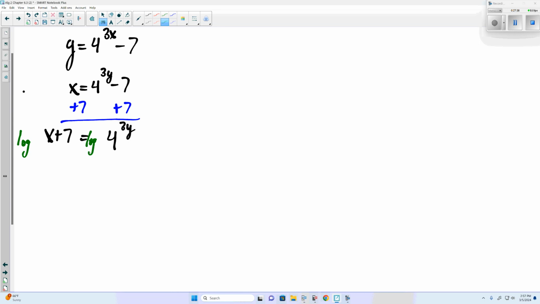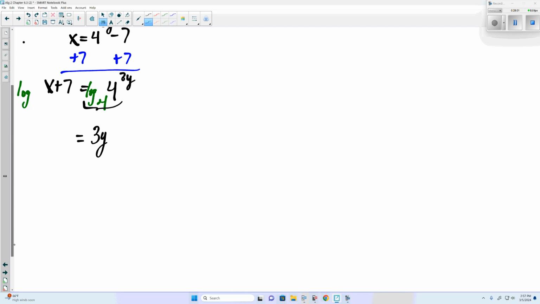The x plus 7 or 4? So 4, because log base 4 of 4 to the 3y is just really 3y, yes? So if I take log base 4 of 4 to the 3y, this is 3y, because log base 4 of 4 will simplify, yes?